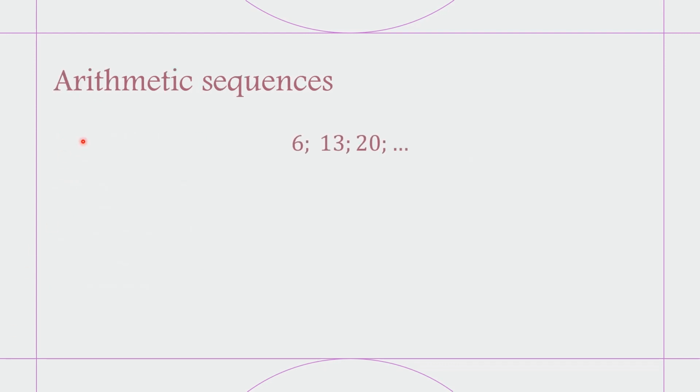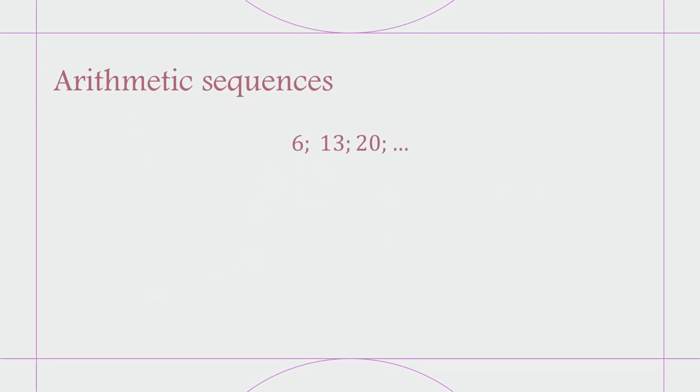So, an arithmetic sequence. What is an arithmetic sequence? Basically, an arithmetic sequence is a sequence that can be added to or subtracted from by the same term throughout. I don't know if I make sense by that. I'm saying if you have an arithmetic sequence, you can add the same number to a previous term to get to the next term.